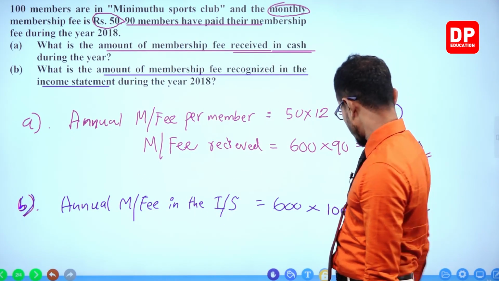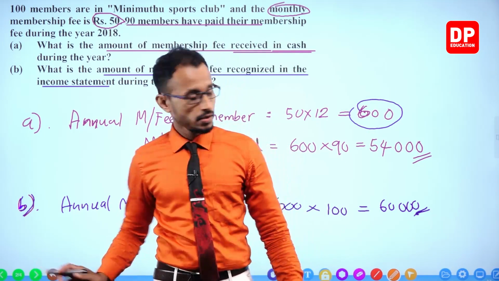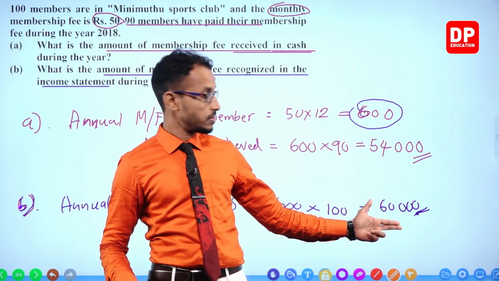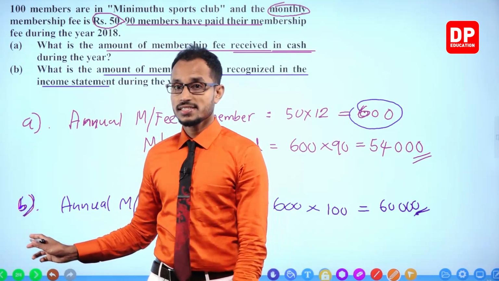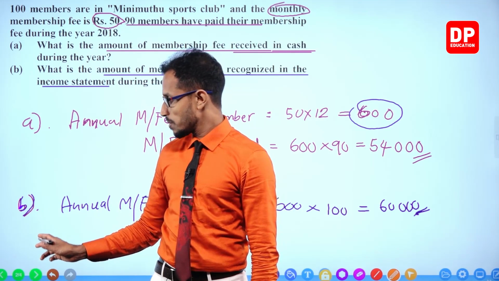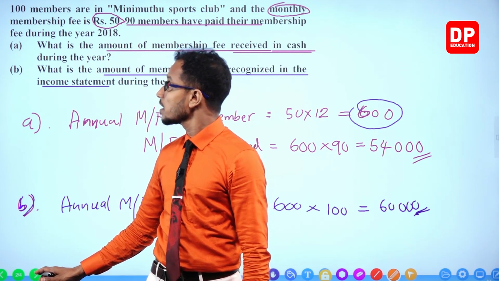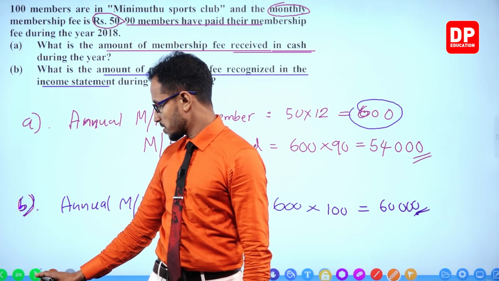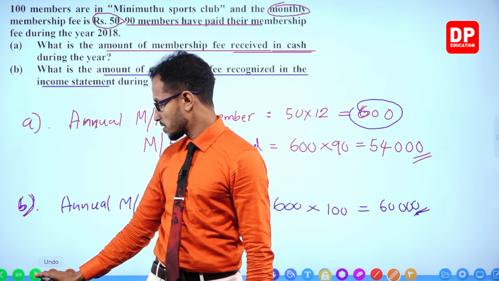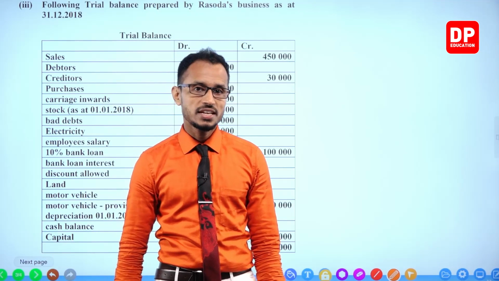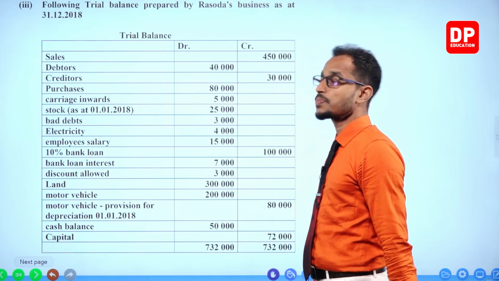Next question. Can you see this? 60,000. That is the annual membership fee in the income statement for the year.